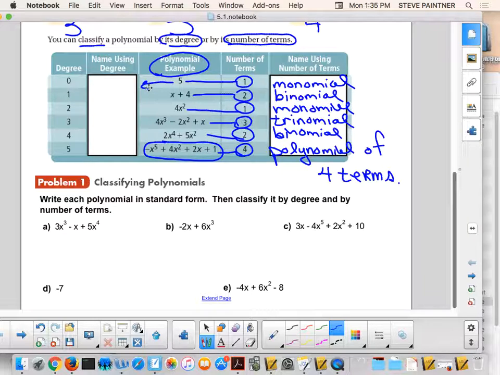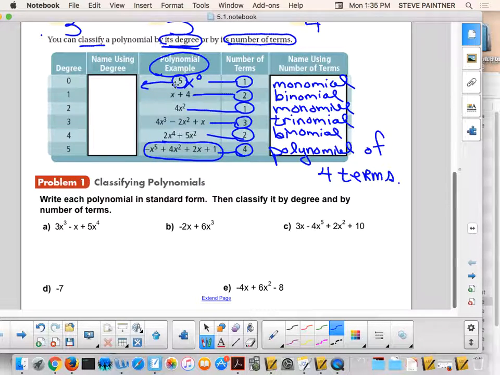Okay, classify by degree. Now, by degree, you look at the highest power of your variable. What's the exponent behind the 5? It's x to the 0. When you have x to the 0, it means you have no x's. So what do we call this?